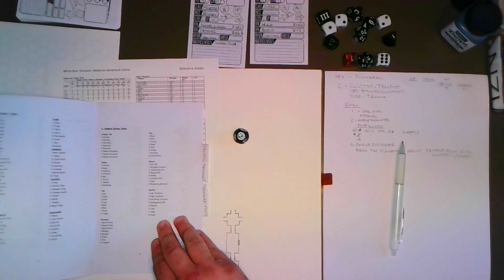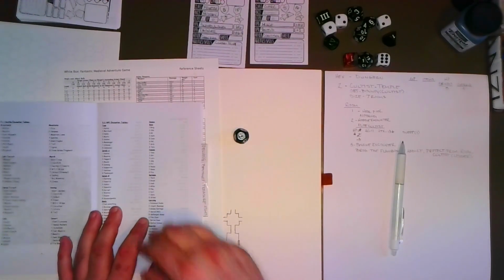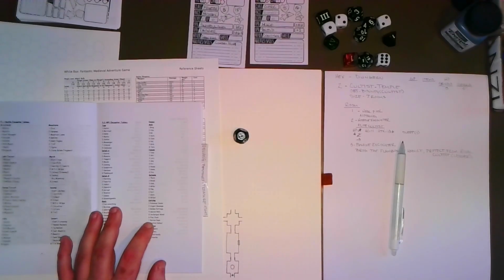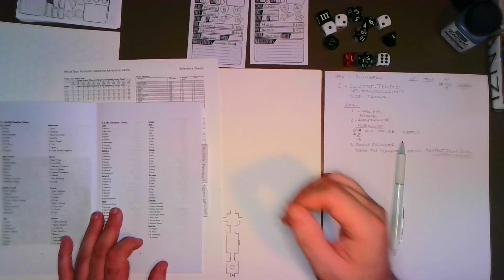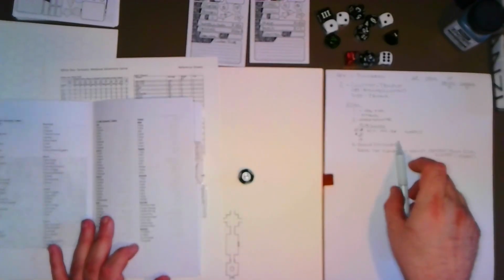Let's try the NPC table again. Let's find out what his reaction is right now, his disposition. 8 is hostile. He's hostile.